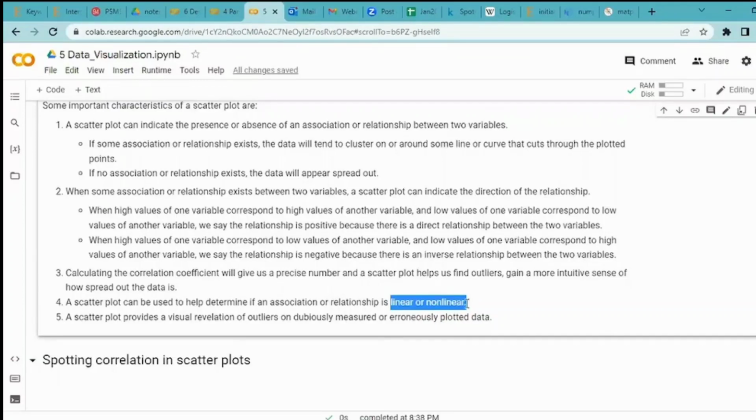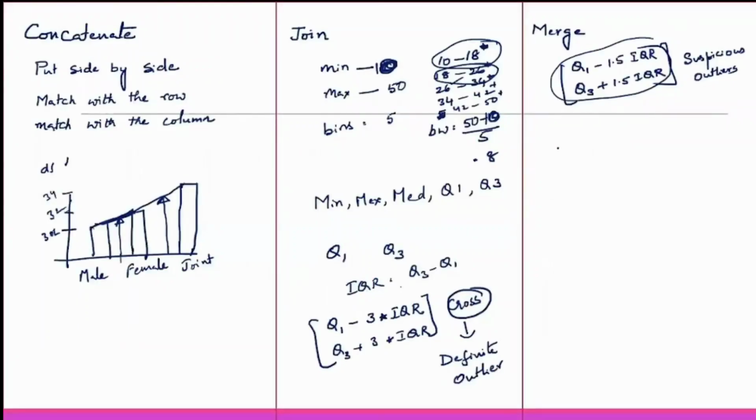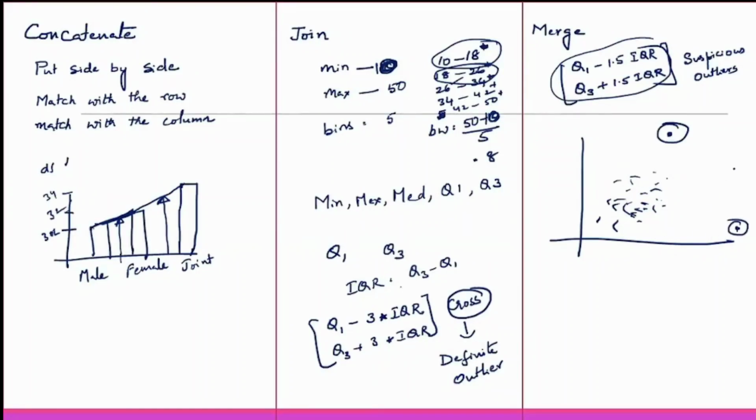So possibly x and y are all concentrated on the lower half. Let's say most of the x and y's are like this, but suddenly I find one xy point here, or suddenly I find one xy point here. So in that case, these are typically called pairwise outliers.